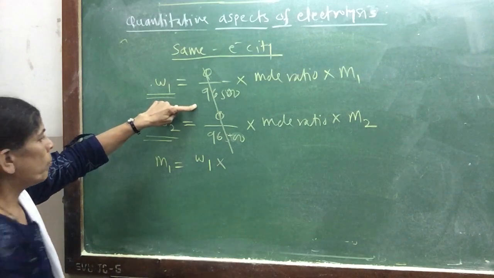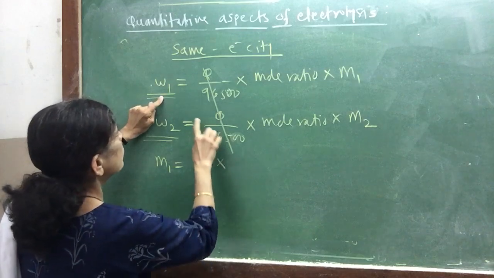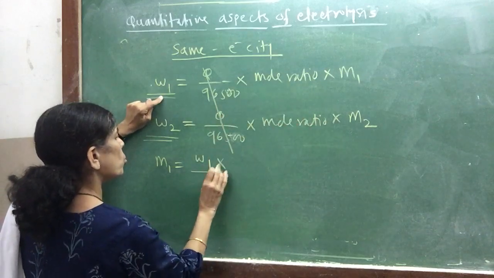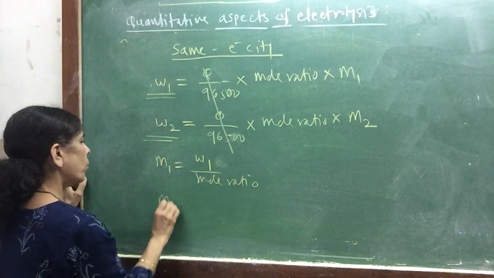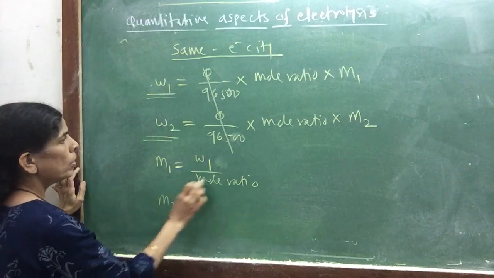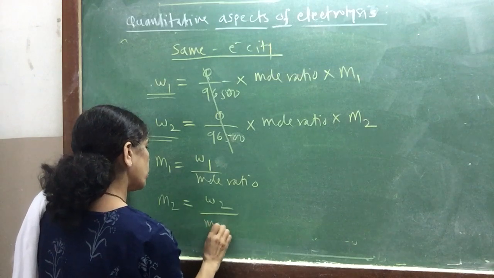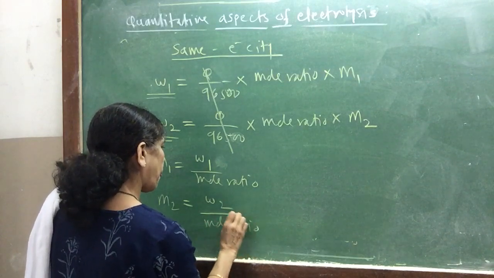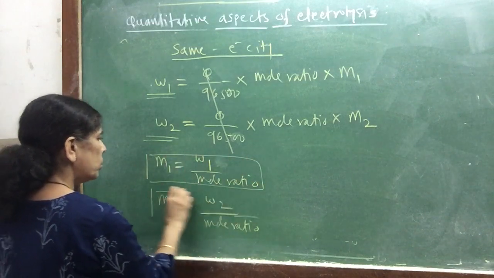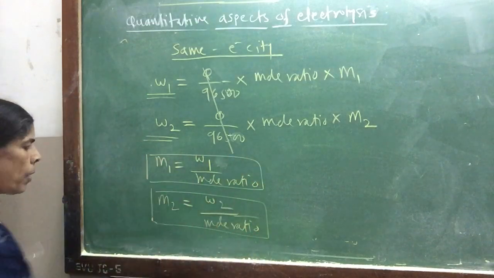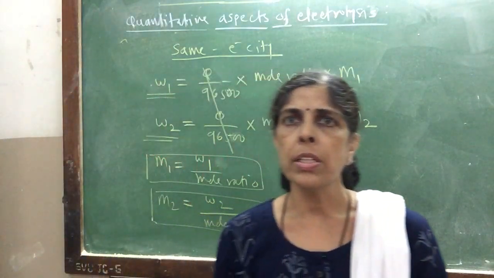So M1 upon W1 is equal to the mole ratio, and M2 upon W2 is equal to the mole ratio. This way we are able to find out the masses of different substances which are deposited in different cells when the same quantity of electricity is passed.